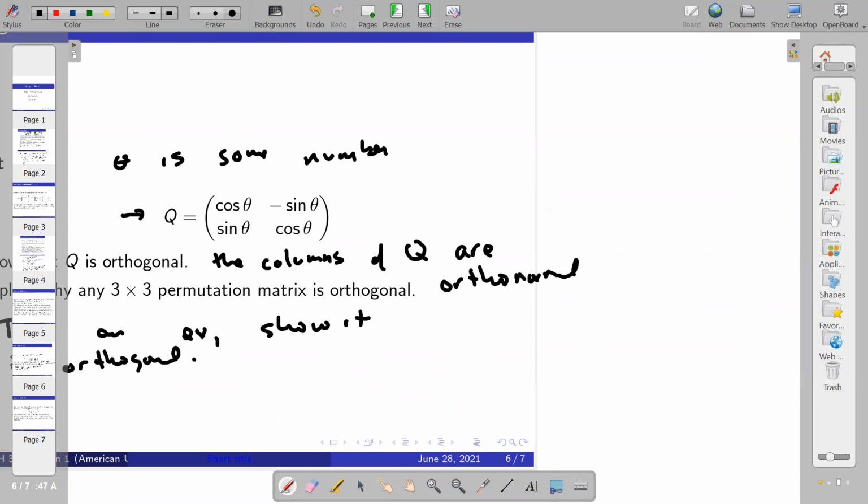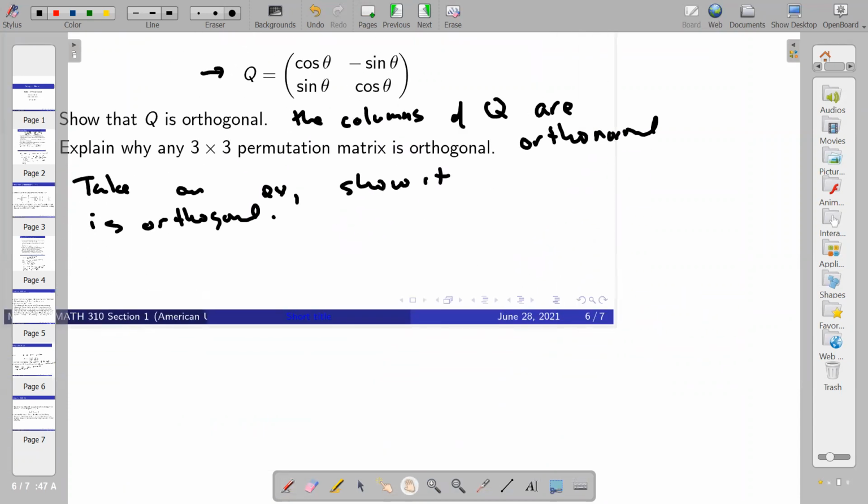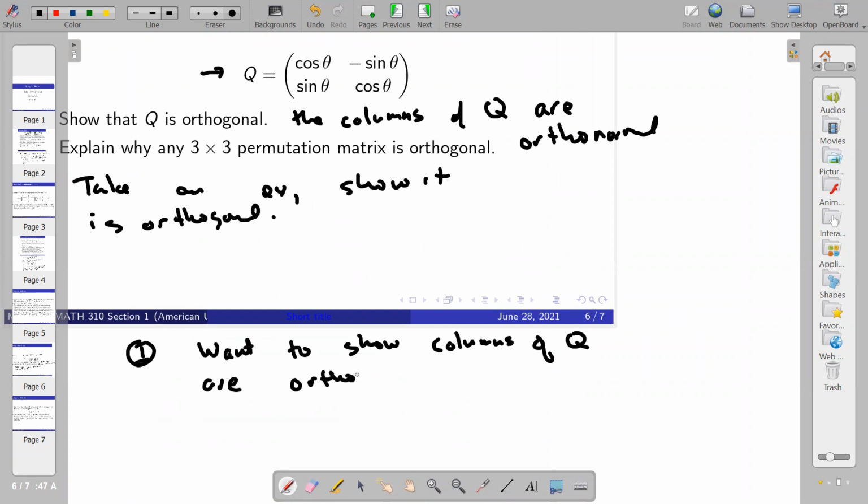You want to show that the columns of Q are orthonormal, for short. This involves just checking some things.